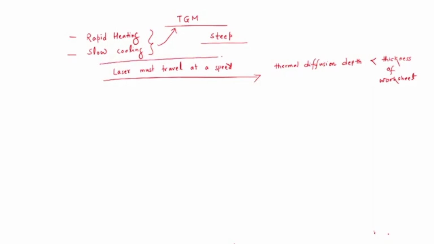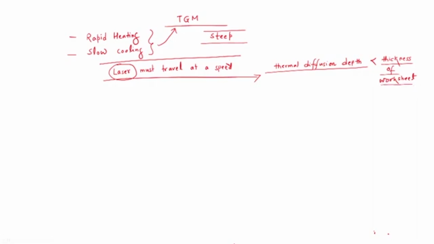So, to have the proper TGM with significant steep gradient, we have to travel the laser in such a way that the thermal diffusion depth should be less than the thickness of the worksheet.